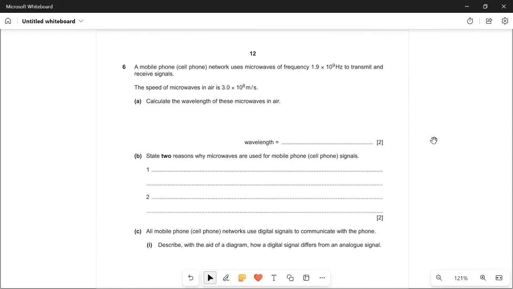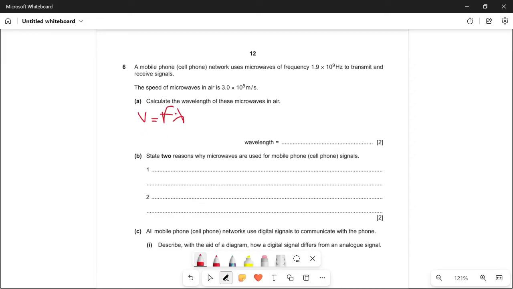Number 6. A mobile phone network uses microwaves of frequency 1.9 times 10 to the power of 9 Hz to transmit and receive signals. The speed of microwaves in air is 3.0 times 10 to the power of 8 meters per second. Calculate the wavelength of these microwaves in air. So we know that the speed is equal to the frequency times the wavelength.